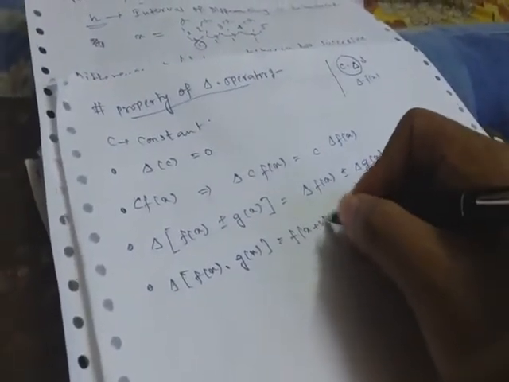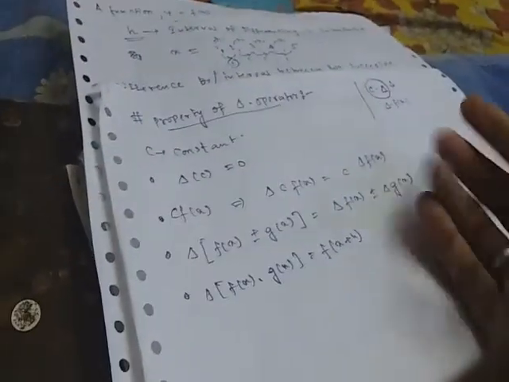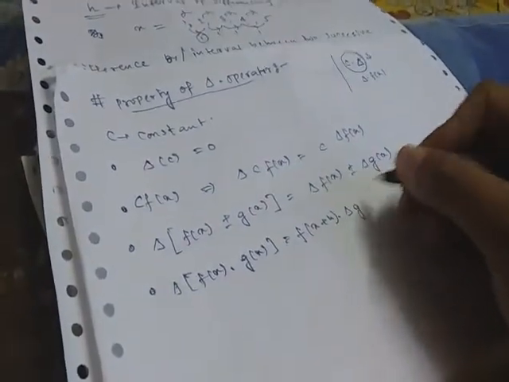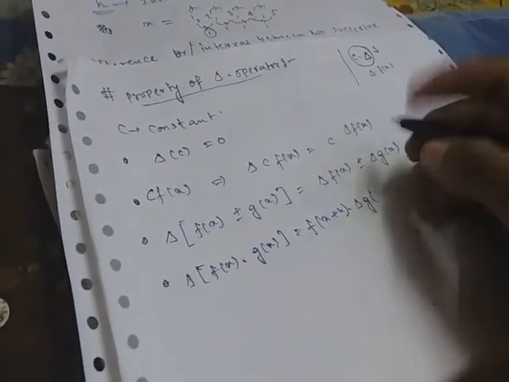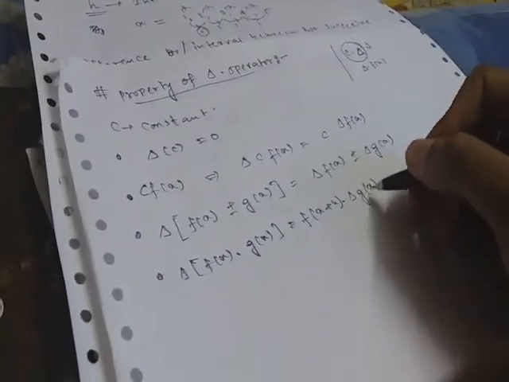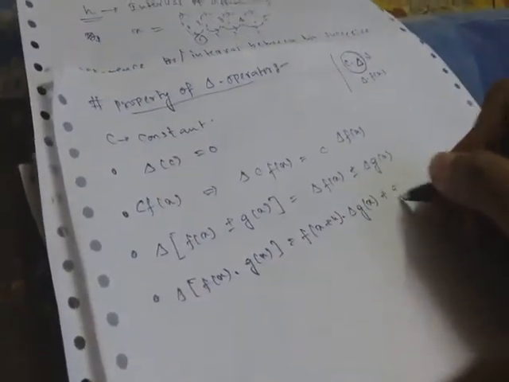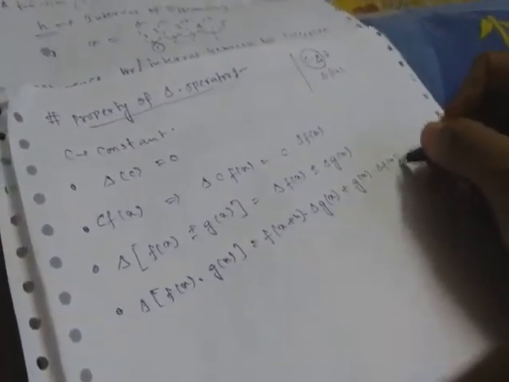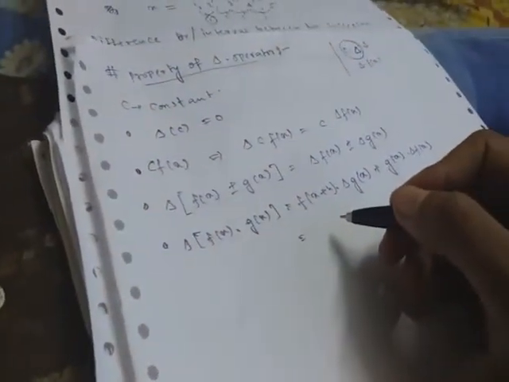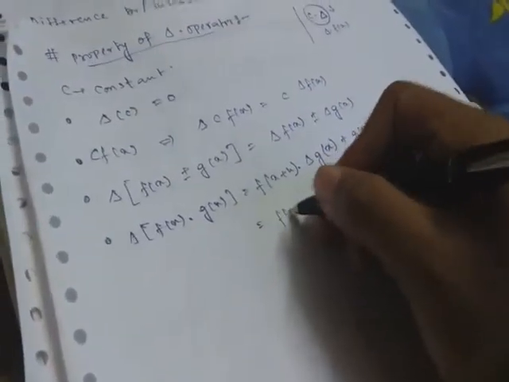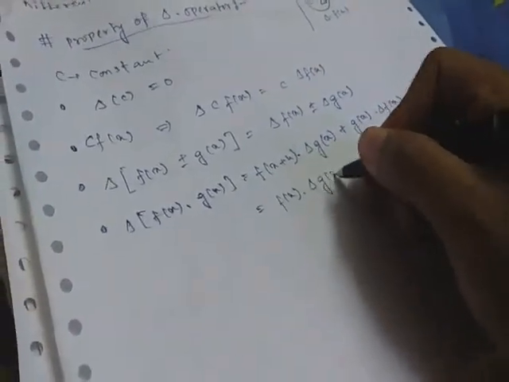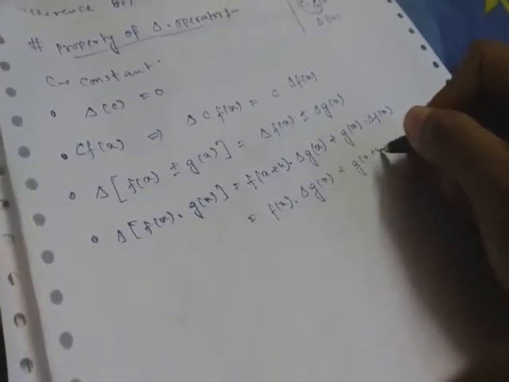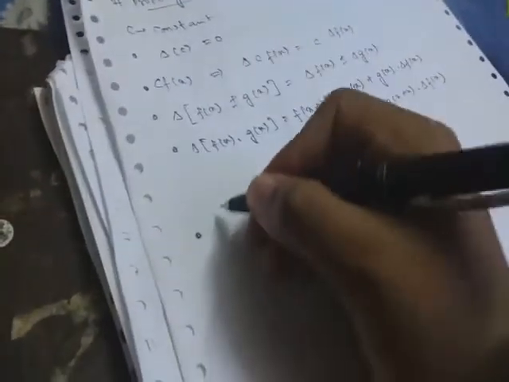So it's f of x plus h, that means the succeeding term, dot the first order difference of the second, plus making the second function constant, into the first order difference of the first. Again, you can use it as g of x plus h. So it will be like f of x, making f of x constant, dot del of g of x, plus g of x plus h dot del of f of x. So these are the two forms, and there is also a division formula.